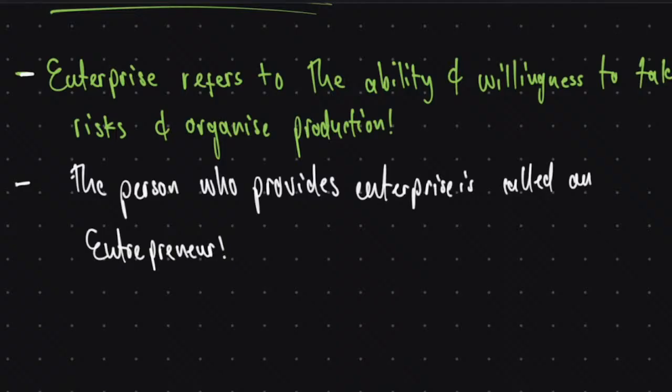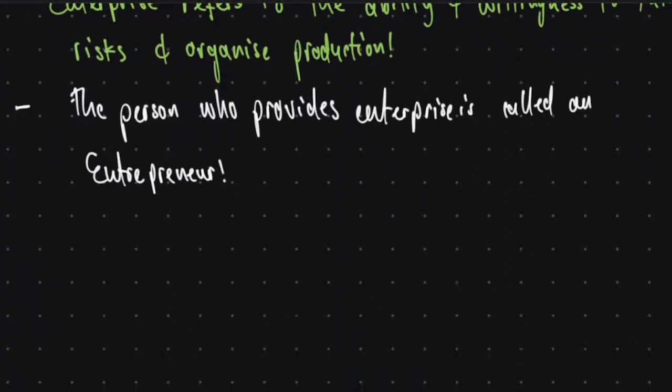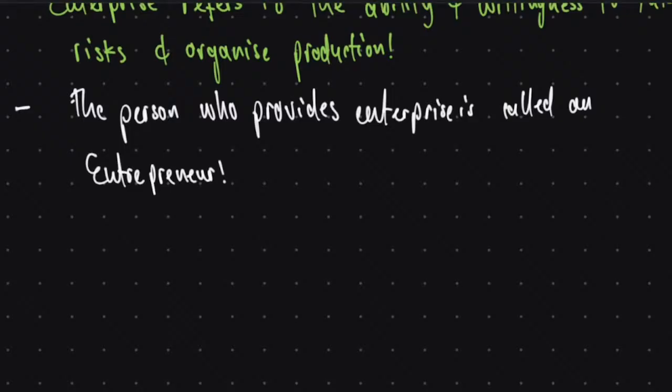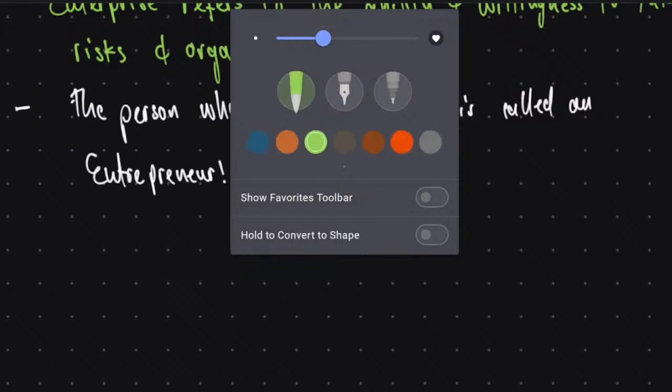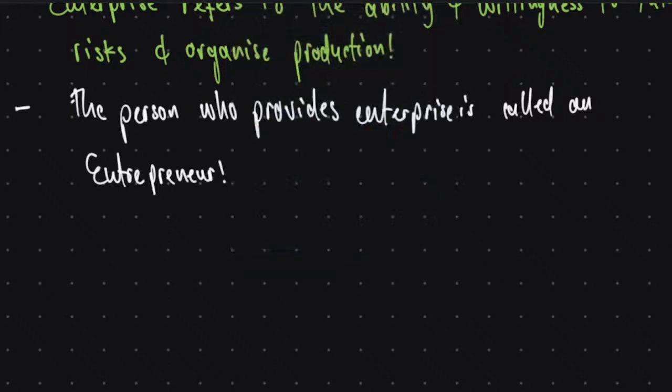Are we together? Let's say you want to start your business, you go and you rent some land, you hire workers, you buy equipment. You are taking the risk that this business might fail. So you are providing enterprise. Once you take that risk, you are an entrepreneur. Okay?